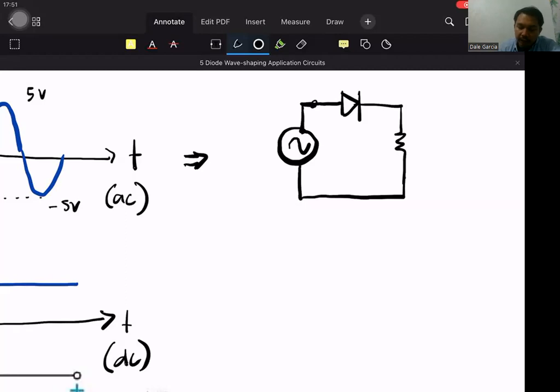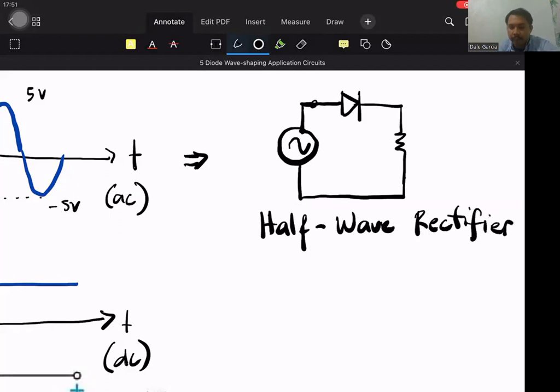So this circuit is a very simple series circuit, but if an AC signal is fed into this circuit, it is no longer called a simple series diode circuit. We call this our half-wave rectifier.